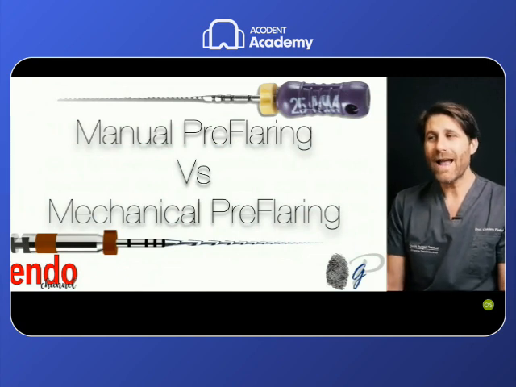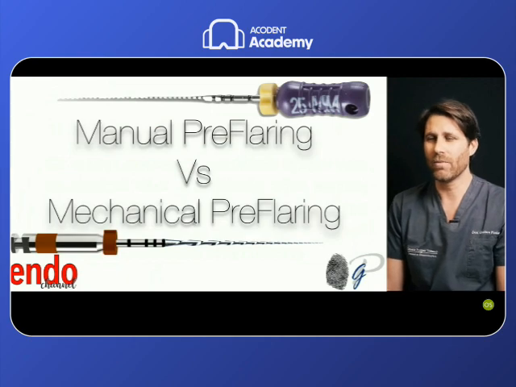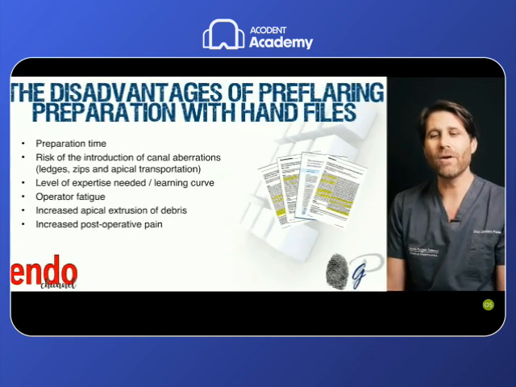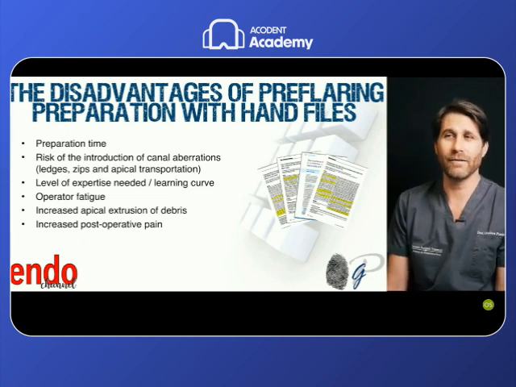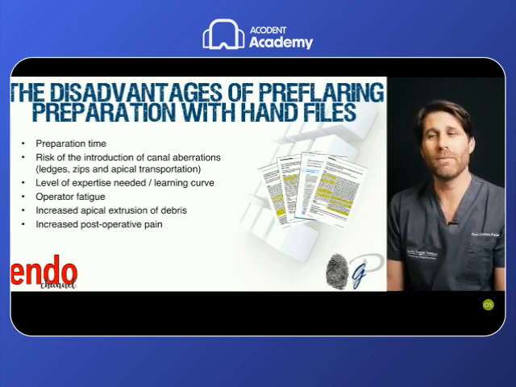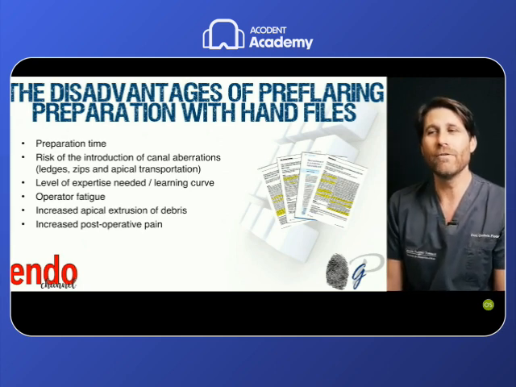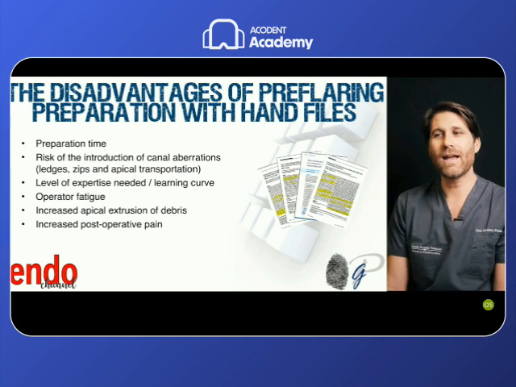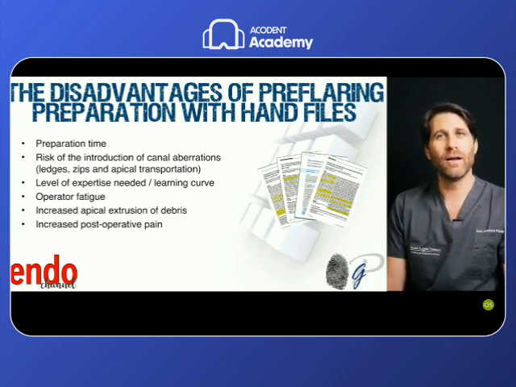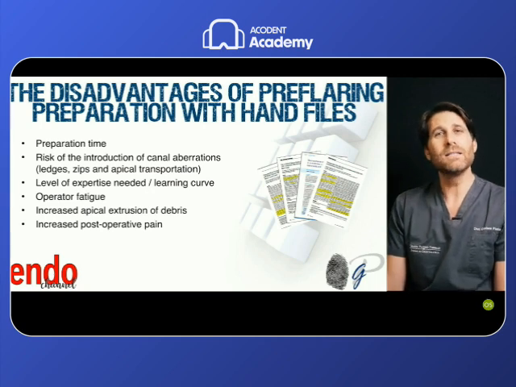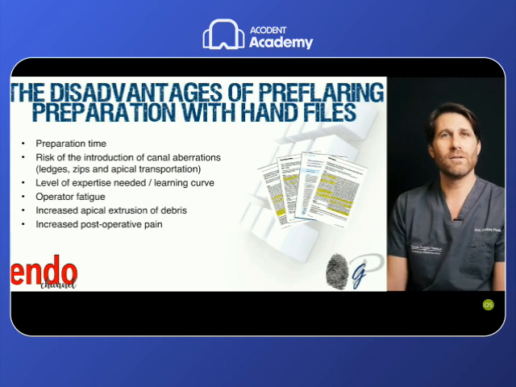So the mechanical pre-flaring has a very important advantage with respect to manual pre-flaring. The disadvantage of manual pre-flaring, of preparation of pre-flaring with hand files, is that a longer preparation time is needed to do it manually. We can introduce the risk of canal aberration like ledges, zips, or apical transportation. Using manual files in a correct way needs a higher level of expertise than using a mechanical file.